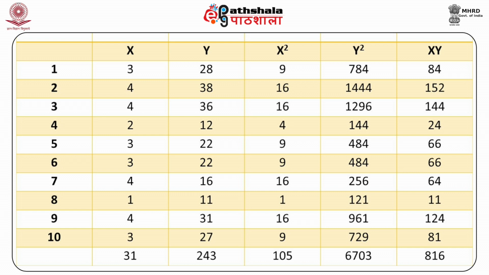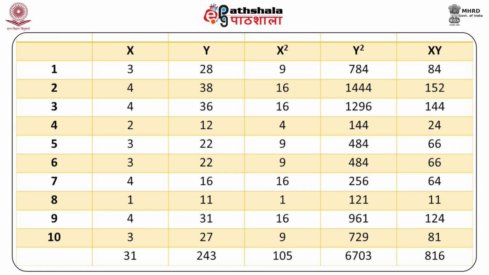On squaring the x scores, we get x square for these 10 subjects as 9, 16, 16, 4, 9, 9, 16, 1, 16, 9, and summation x square is 105. By squaring all the y values, y square for the 10 subjects is 784, 1444, 1296, 144, 484, 484, 256, 121, 961, 729, thereby summation y square becoming 6703.